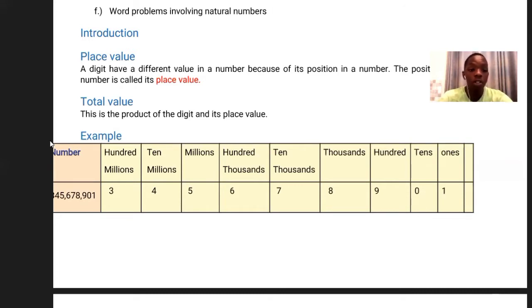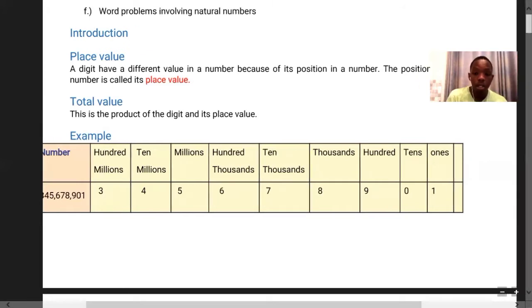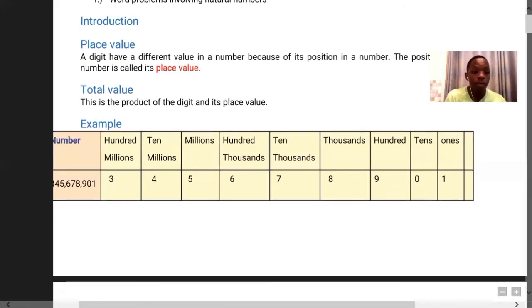Place value: a digit has a different value in a number because of its position in a number. The position of a digit in a number is called its place value. As you can see in the notes, they provide an example. This is the name and this is the value. Total value is the product of the digit and its place value.